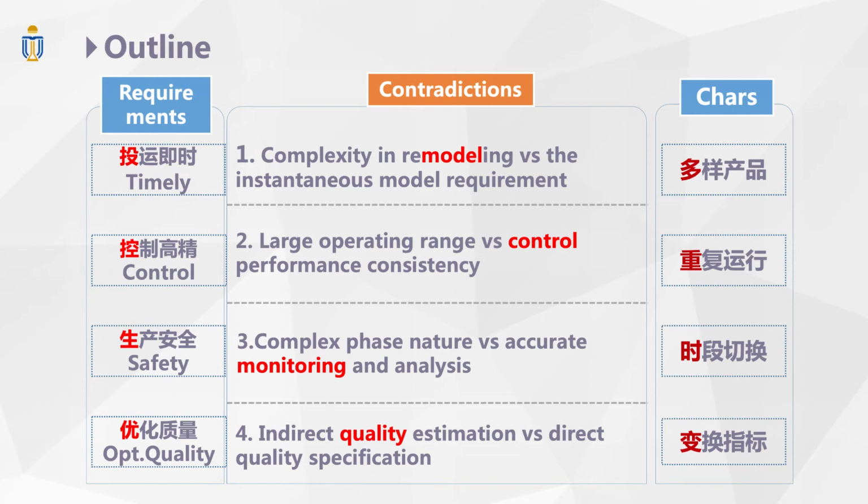Most importantly, we are manufacturing certain products. Every product has direct quality measures, for example, dimension, weight, and strength. However, those things cannot be measured online. We only have indirect quality estimation. So this is the 4th contradiction.